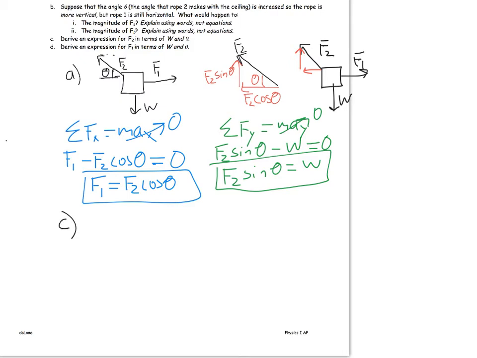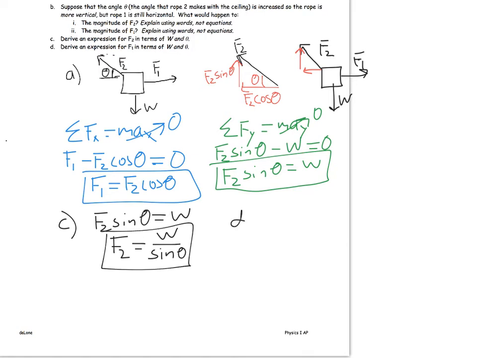So what I see right off the bat is I have an equation here that only has F2, W, and theta. So I'm going to use that y equation, F2 sine of theta equals W, and so that means that F2 is simply W divided by sine of theta.